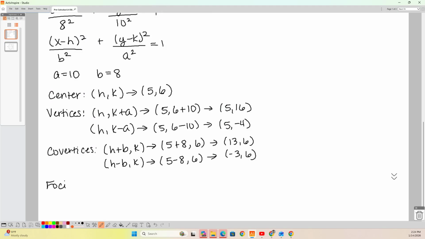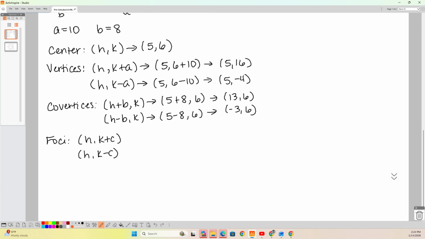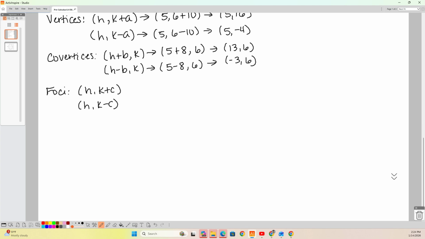Now for the foci. The foci for a vertical ellipse are going to be (h, k plus c) and (h, k minus c). But we need to figure out what c equals. So we have the relationship for ellipses that c squared equals a squared minus b squared.